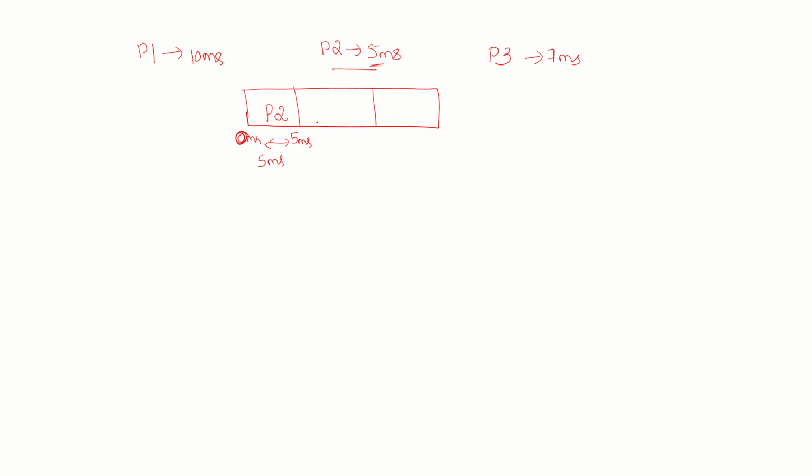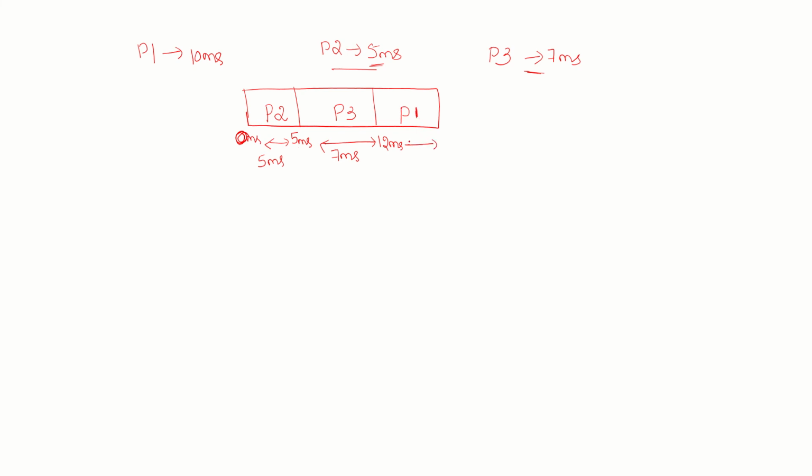That is the next shortest job, P3. So I will start with my P3 execution. How much time does it take? It takes 7 milliseconds. It enters at 5 milliseconds and takes 7 milliseconds for execution. So P3 completes at 12 milliseconds.